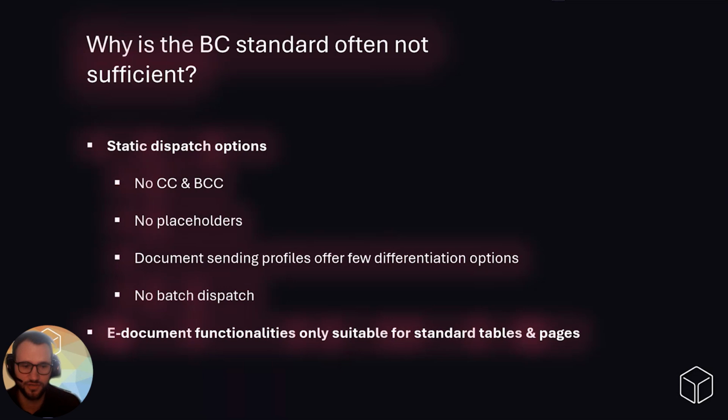Also, the standard document sending profiles just don't offer enough differentiation of options. And also there's no option to batch ship or dispatch records from the system. So you have to go into every record manually and send out via email, for example.